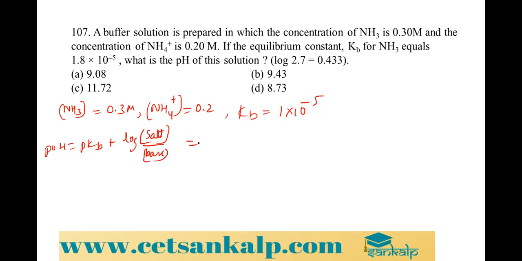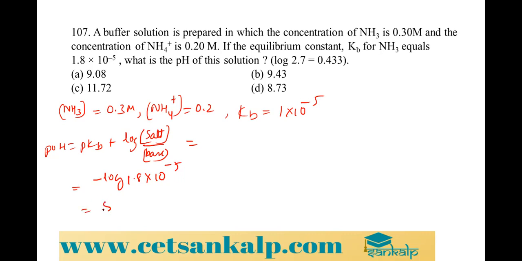Let us see what we get. pKb value is minus log of 1.8 into 10 to the power of minus 5.